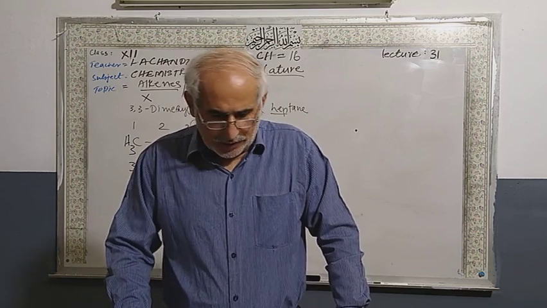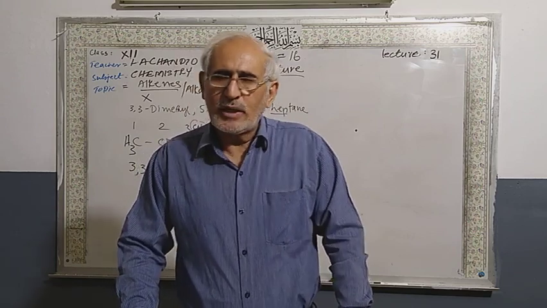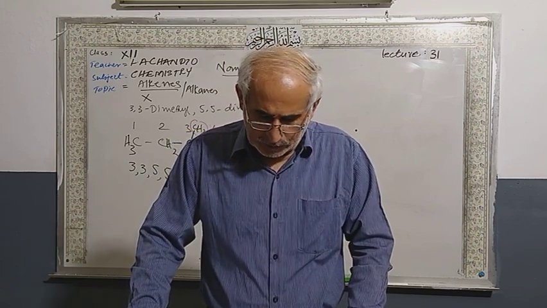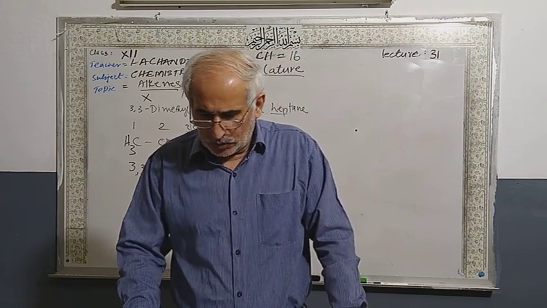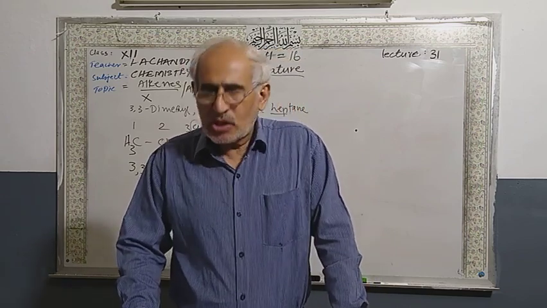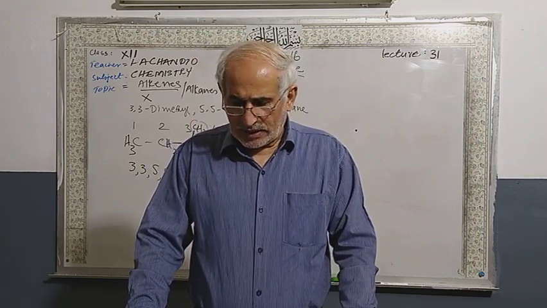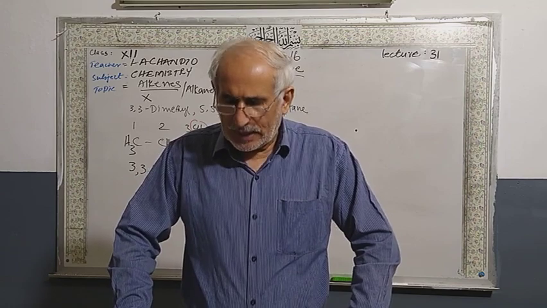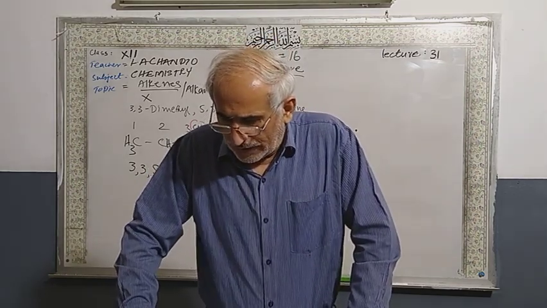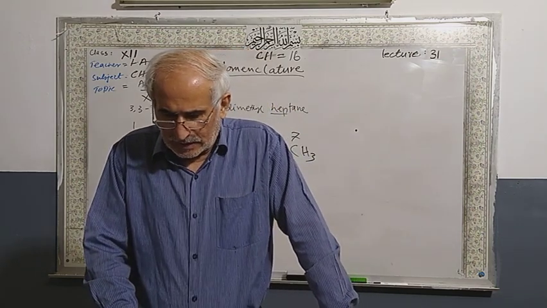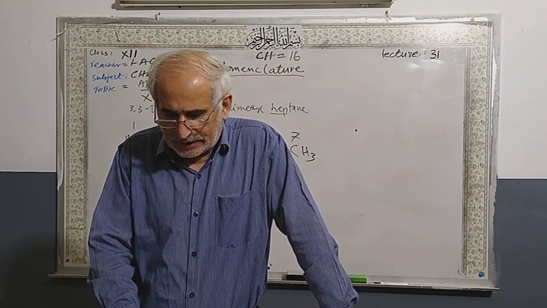So the boiling point increases by 20 to 30 degrees centigrade per CH2 group. We've done the homologous series already, I told you. The structures I told you: methane, ethane, propane, butane, pentane, and also isomers. Butane has two isomers. One is called n-butane and the other is called isobutane, and you can see the boiling point for n-butane is minus 0.4 degrees Celsius, melting point is minus 139.